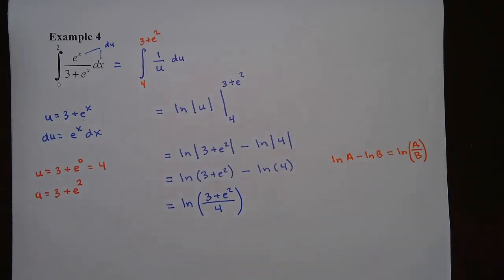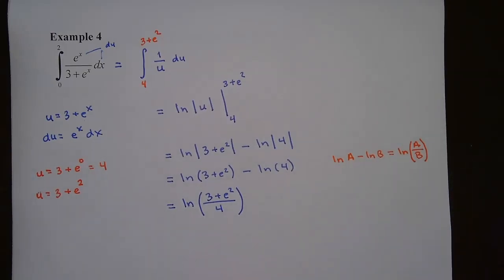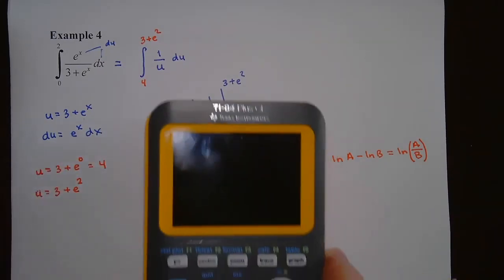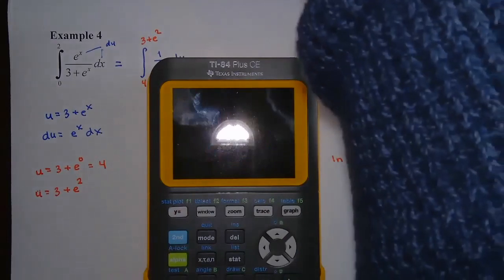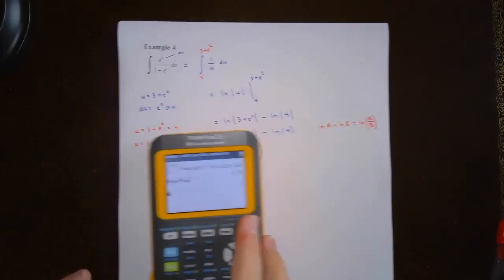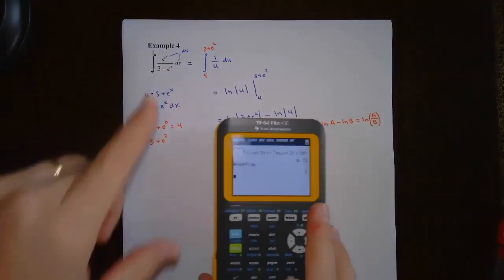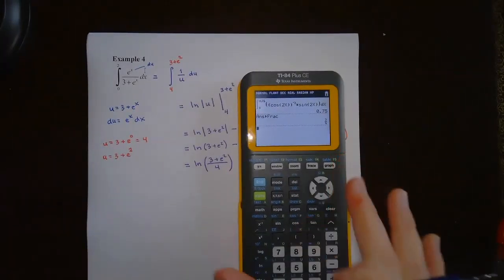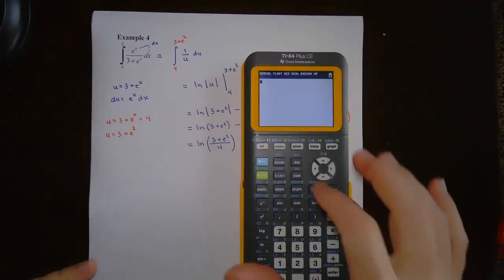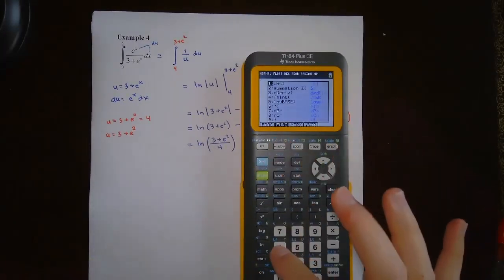Okay, so I'm going to go back to my calculator, and we could get an approximate answer out of this. This can't be written as a fraction, because we're taking the natural log of it. So I'm going to zoom out a little bit, and we're going to compare this answer to what we get when we do the integral here. I'm going to clear out the previous problem, and let's go alpha, window, and number 4.